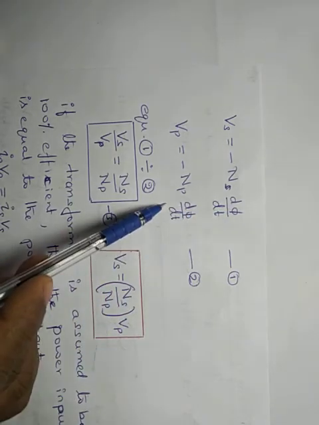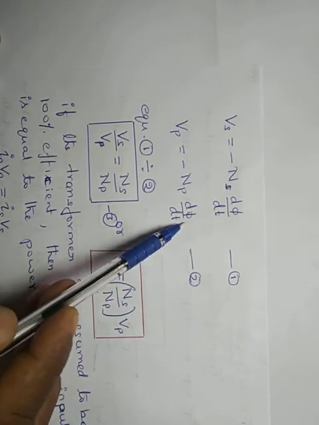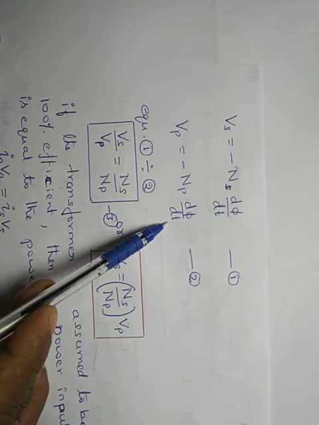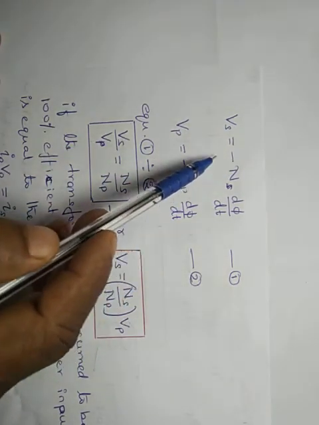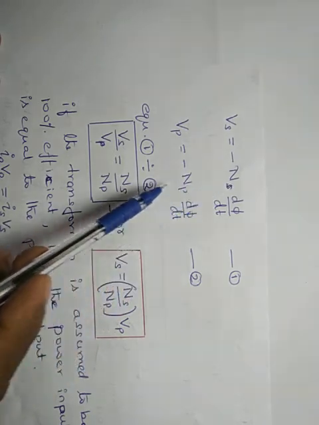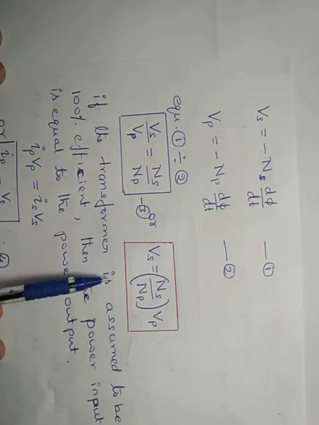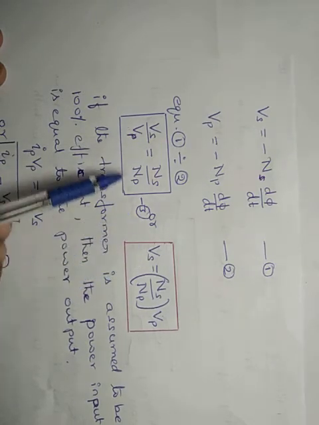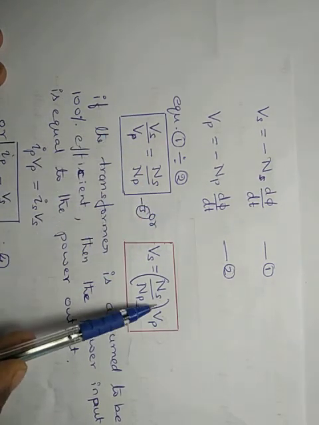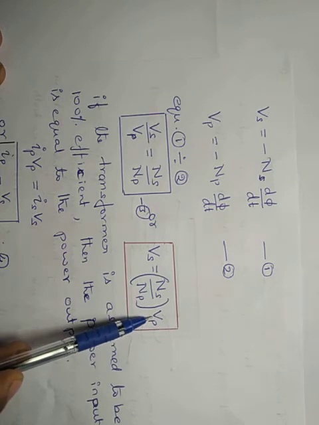Divide these two equations. So, d phi by dt cancels, and the negative sign cancels. So, you will get Vs by Vp equal to Ns by Np, or Vs equal to Ns by Np into Vp.